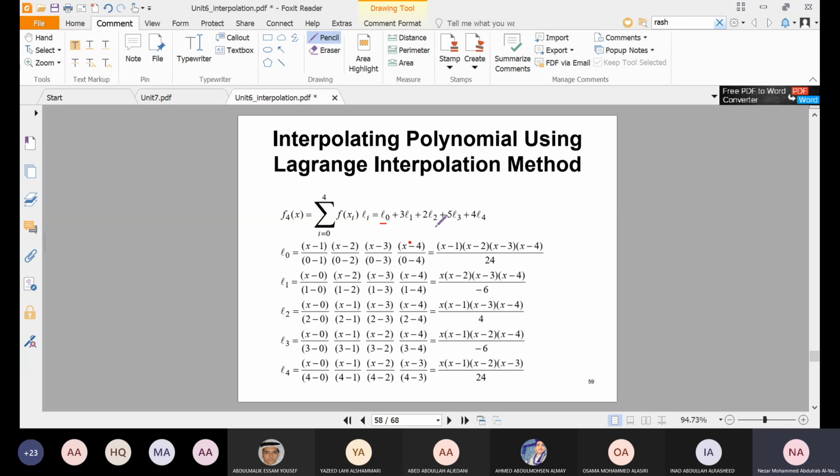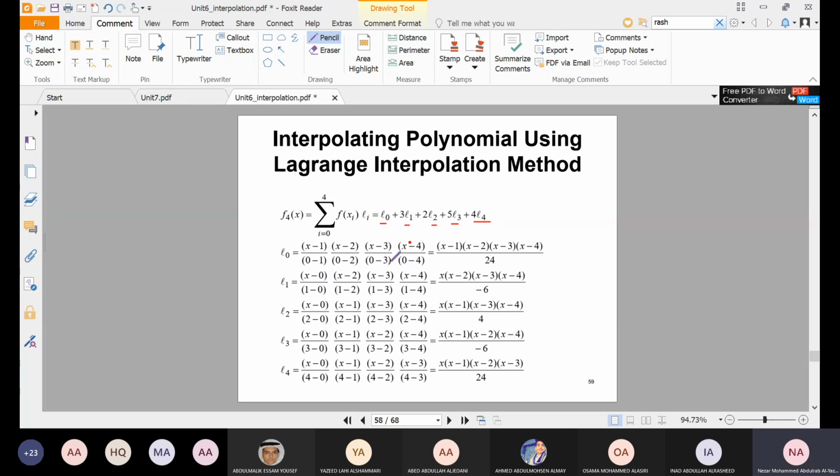Okay, so what we need here is to compute these coefficients L0, L1, L2, L3, L4 by using the weight parameters or factors. L0 we can compute here, because this is x0, so I will take x minus x1, x minus x2, x minus x3, x minus x4, over x0 minus x1, x0 minus x2, x0 minus x3, x0 minus x4.